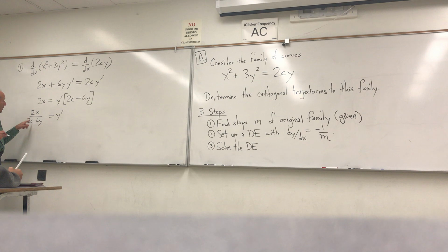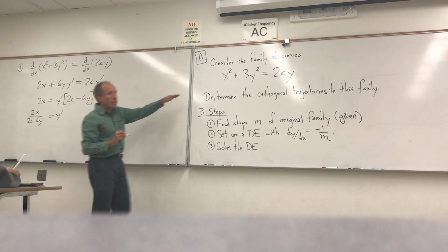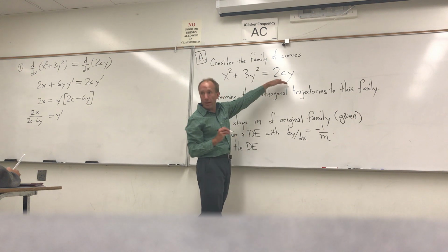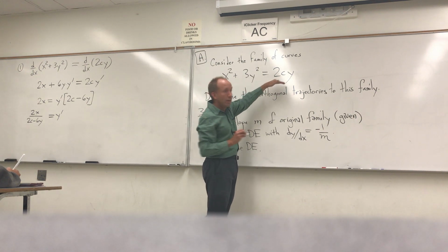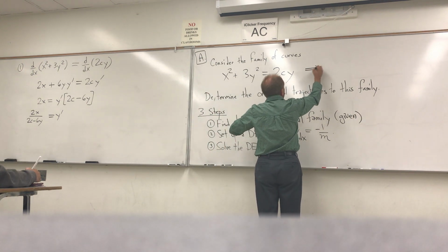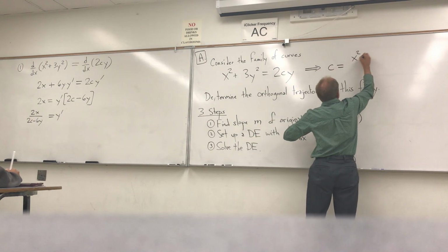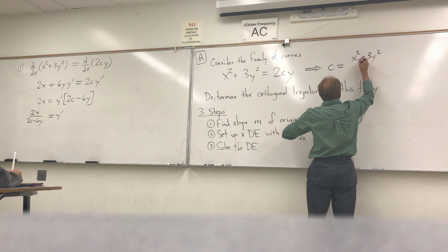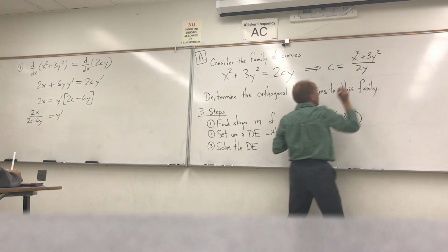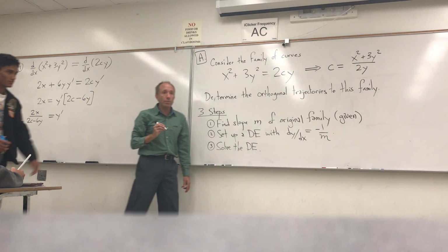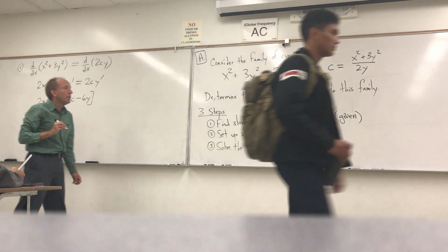So one more thing we need to do here. We can replace c by using this equation to replace it in terms of x and y again. So if we actually were to solve this for c, it would be x squared plus 3y squared all over 2y.